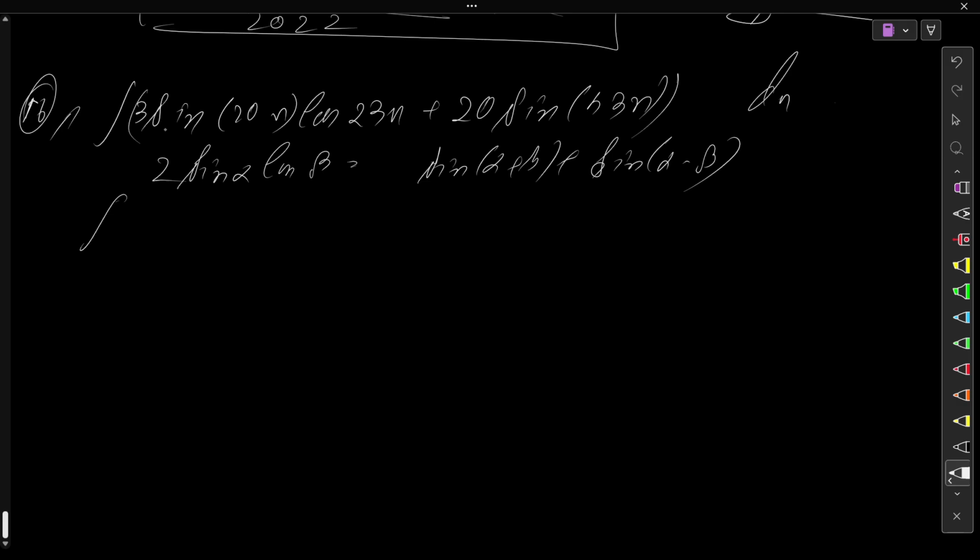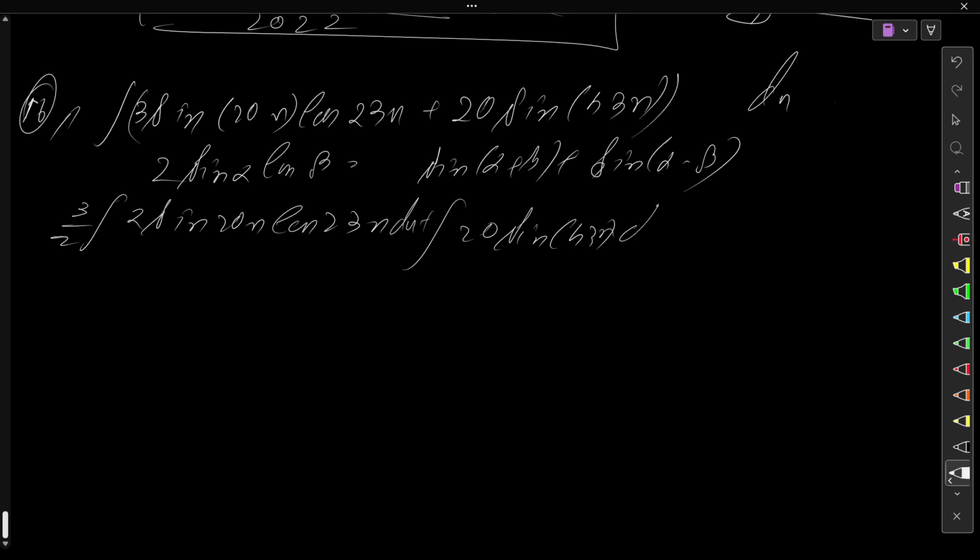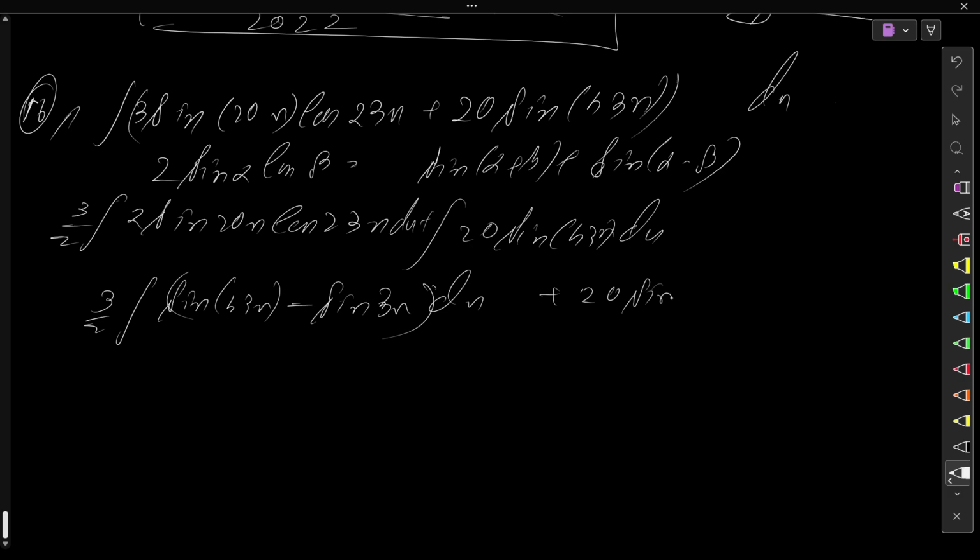So this could be written as 3 by 2 times sine of 43x minus sine of 3x, because sine of 20 minus 23 is basically minus sine 3x, dx, and plus 20 sine of 43x dx, right?